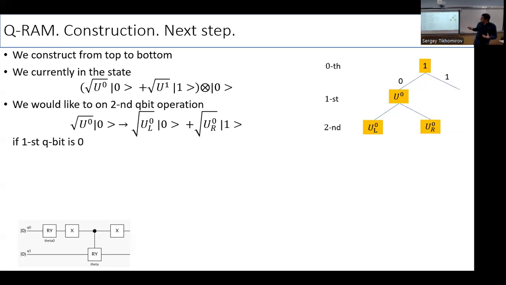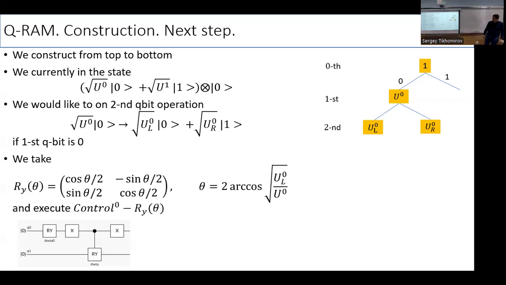In that case, I would like to do the following operation: if the first qubit is 0, then I would like to transform the second qubit in this form. Here I put the square root of U0 in front because if I open the brackets, it would be there.